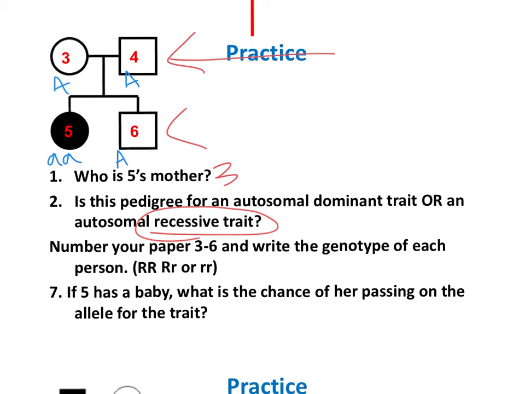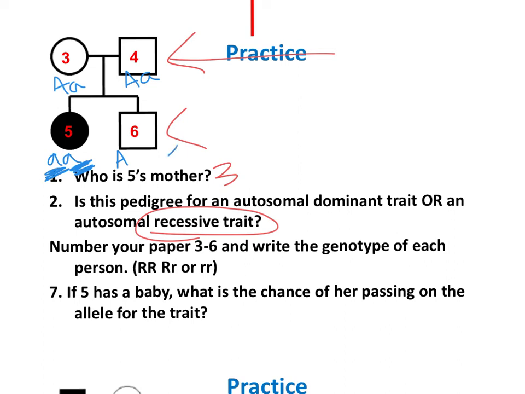So they have to have at least one capital. I also know that individual number 5 got a little a from mom and got a little a from dad. That's the only way to be little a, little a. So mom has to be heterozygous. Dad also has to be heterozygous.